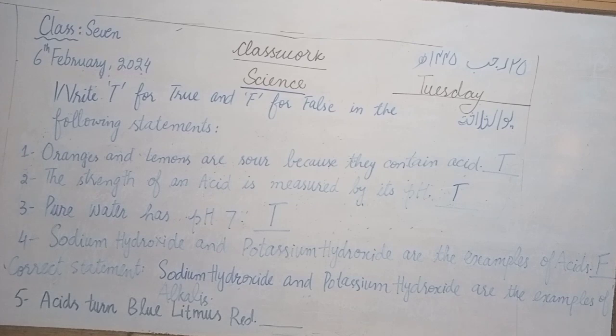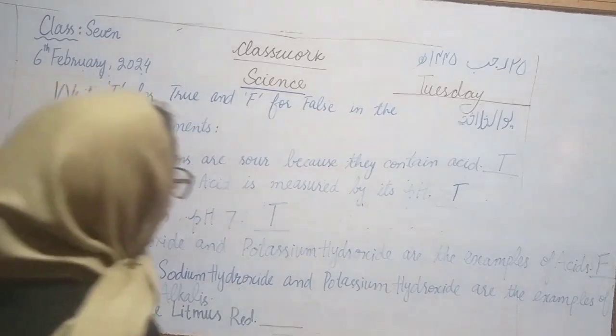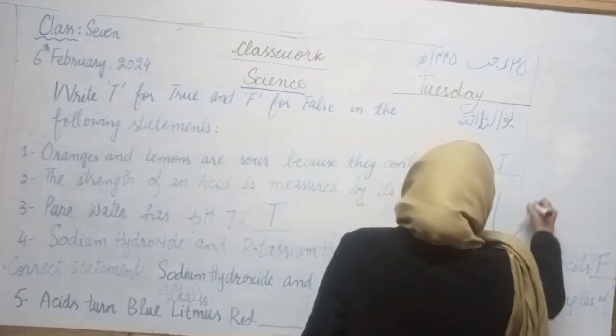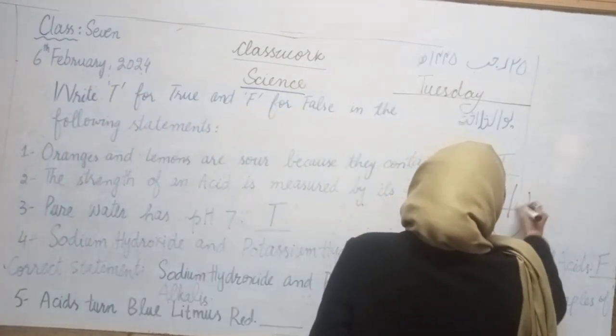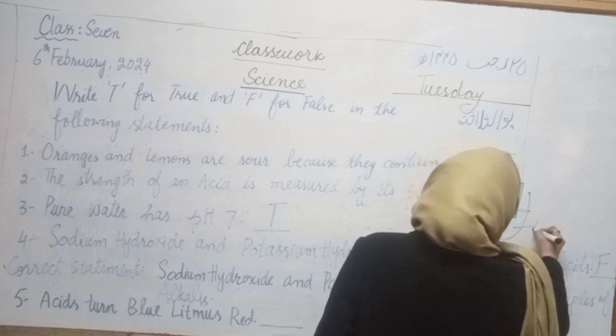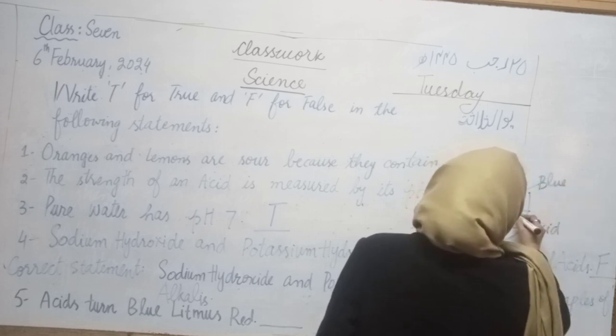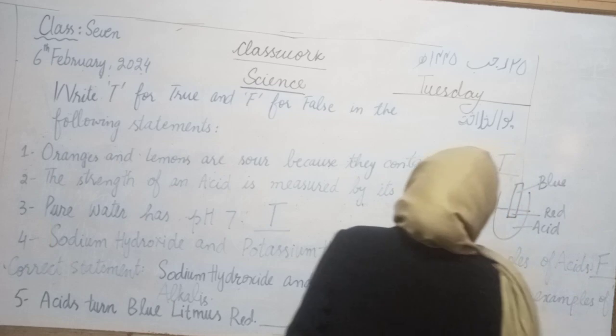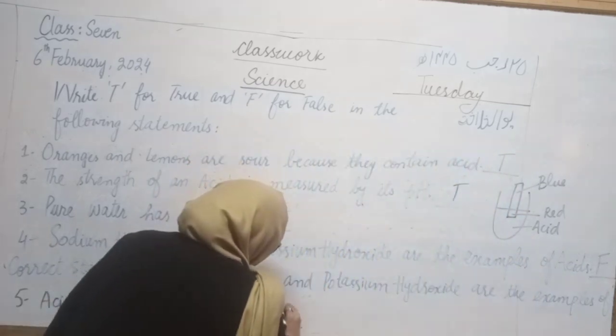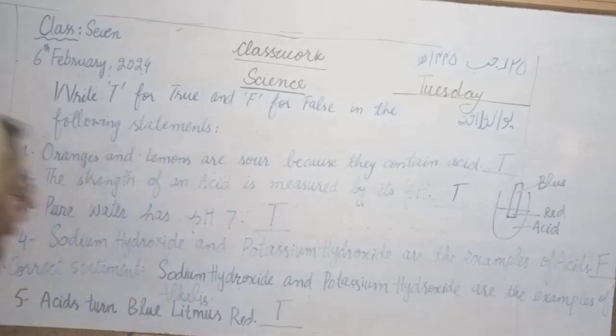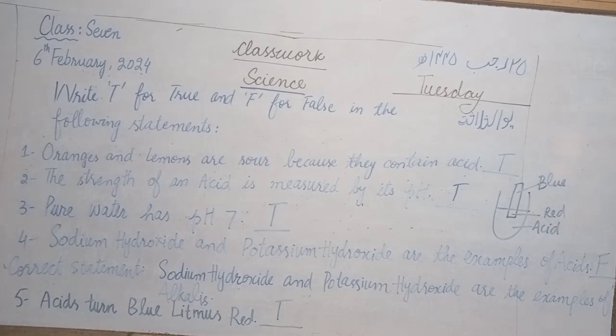Yes, this statement is true, because when we dip or pour the paper in the acidic solution, the paper that is blue turns into red. This statement is correct. You will mention here T, as you know this is a correct statement.